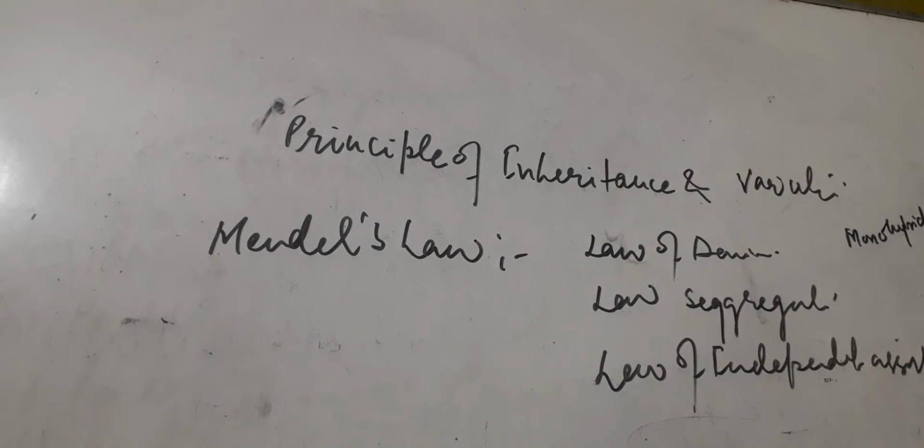When Mendel takes the same character with opposite alleles, meaning contrast, for example, color of the flower, two colors, or maybe height of the plant, tall or short.